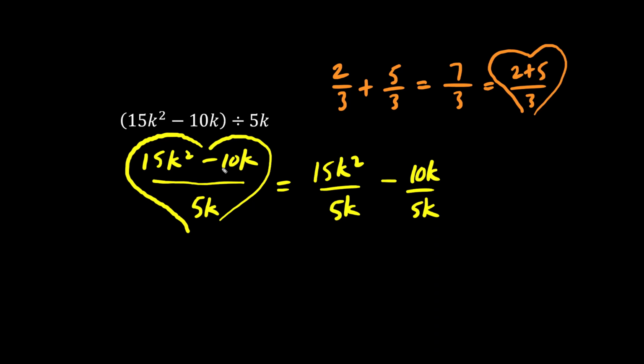So here we did the same. We have 2 parts. 15 divided by 5 is 3, and k squared divided by k is k. 10 divided by 5 is 2, and these k's cancel. So this here is a simplified expression.